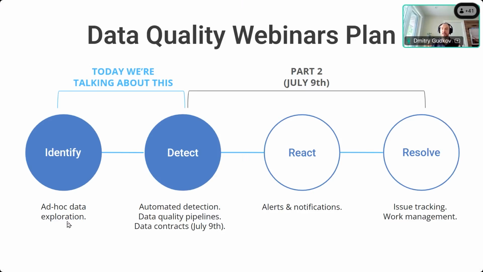Ad hoc manual data exploration is good for investigating problems or proactively exploring data in order to identify potential data quality problems. But once you already know what can go wrong, you would want to set up automated routines that will check your data for possible problems.